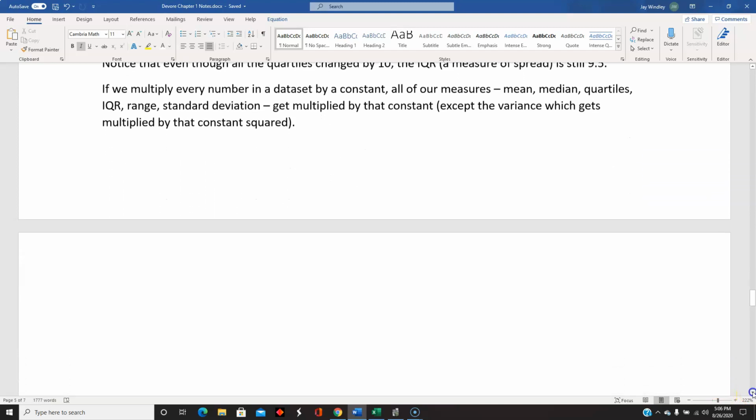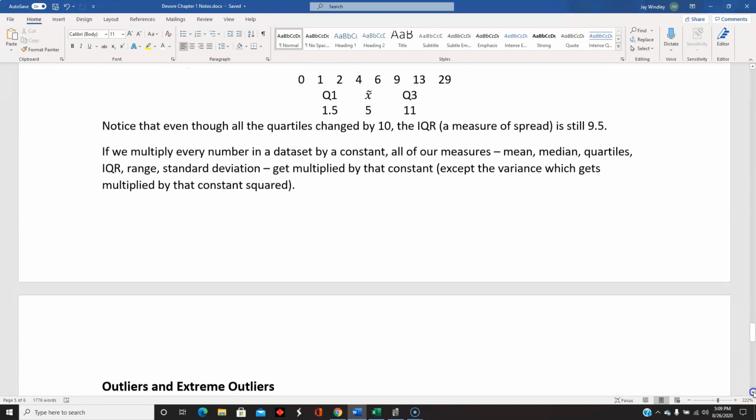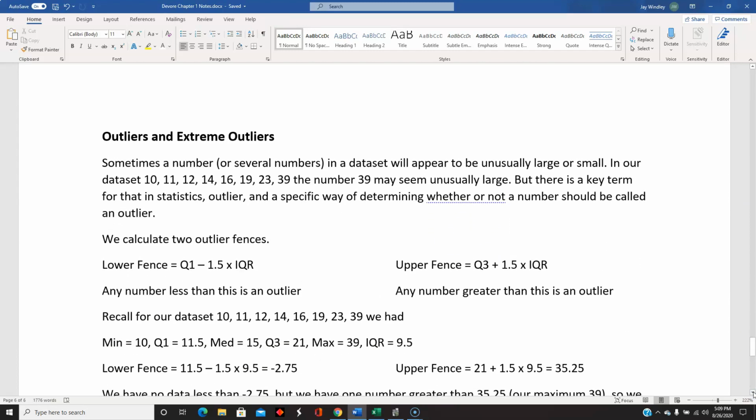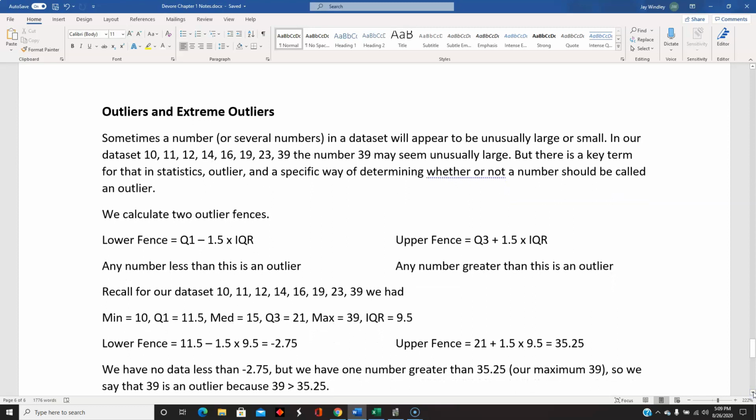Now, the last thing we need to talk about is outliers and extreme outliers. Sometimes a number or several numbers in a data set are very unusual. For example, this number 39 in our data set may seem unusually large. So there's a term for that in statistics.